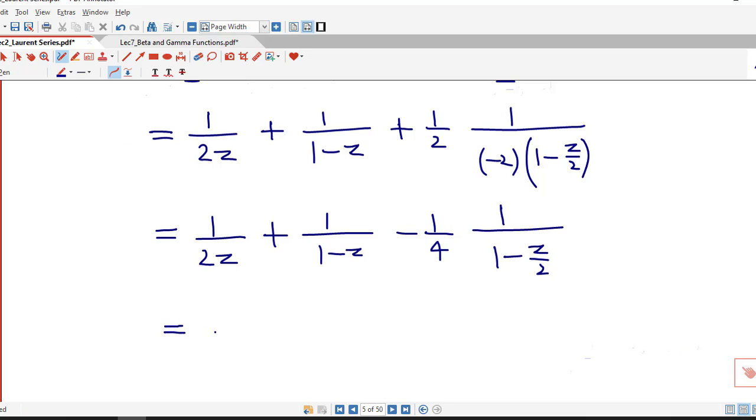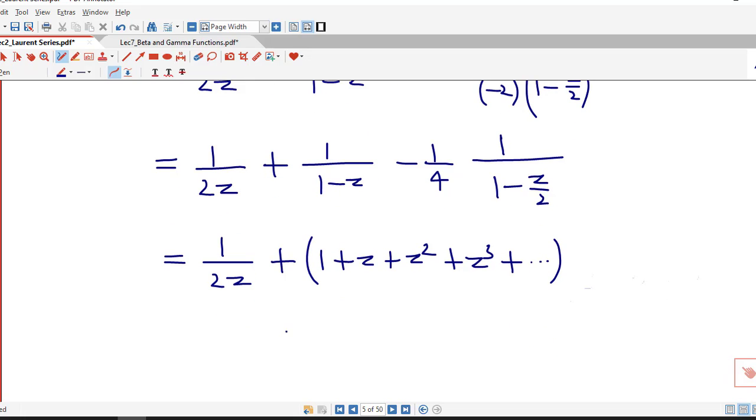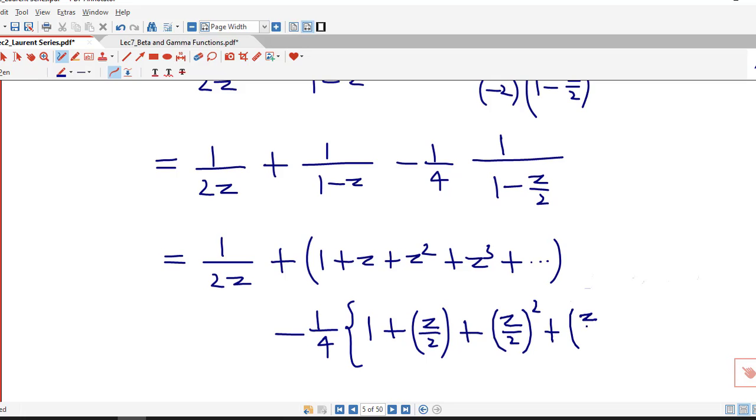So this we keep as it is. Here we write, this is 1 plus z square plus z cube and so on, and in this series here instead of z we have z by 2, so we will write 1 plus z by 2 plus square of z by 2 plus cube of z by 2 and so on.